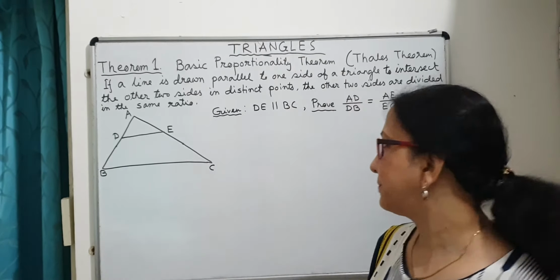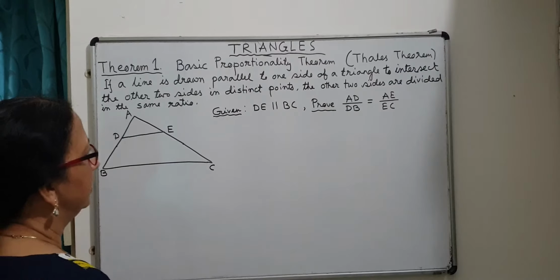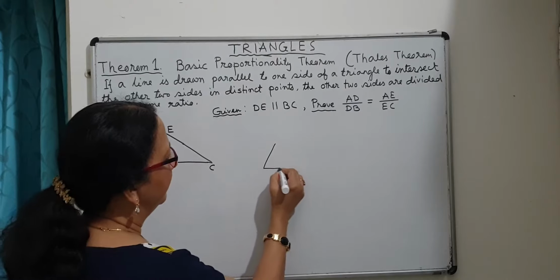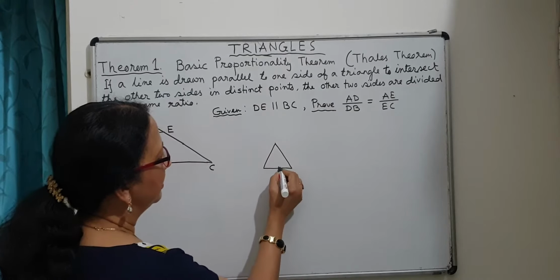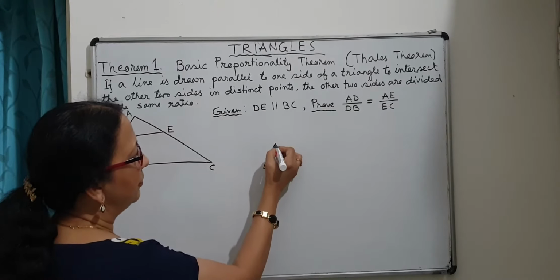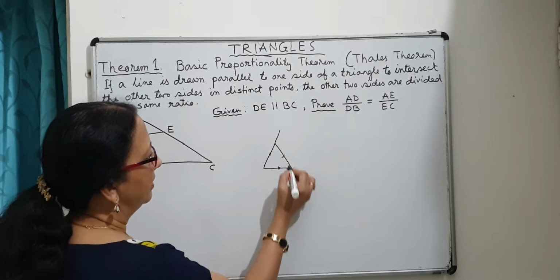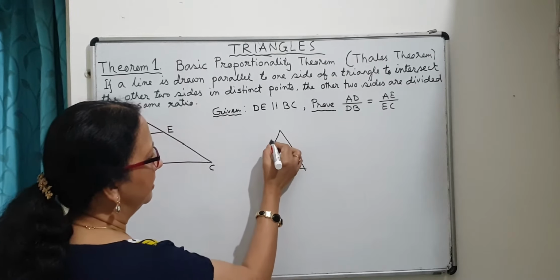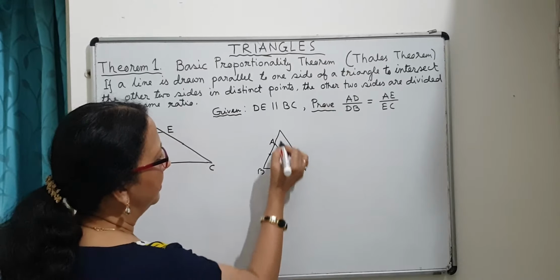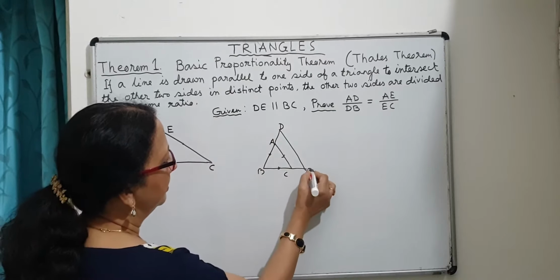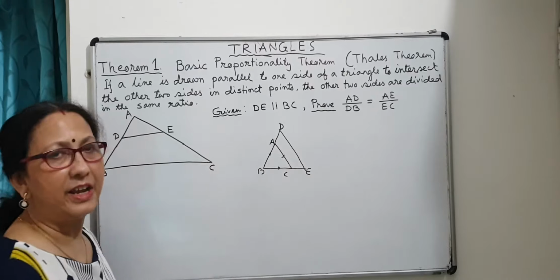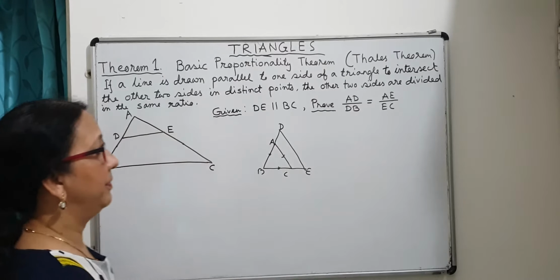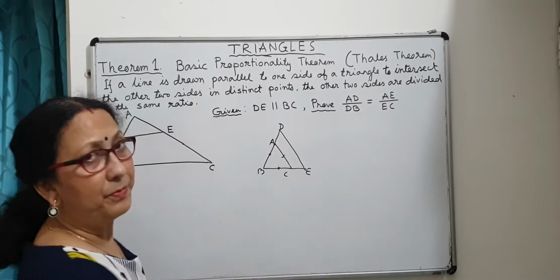For example, in an equilateral triangle, all the sides are same. So if I extend this in this way, then triangle ABC and triangle DBC, they will be similar because their shape is same but sizes are different.